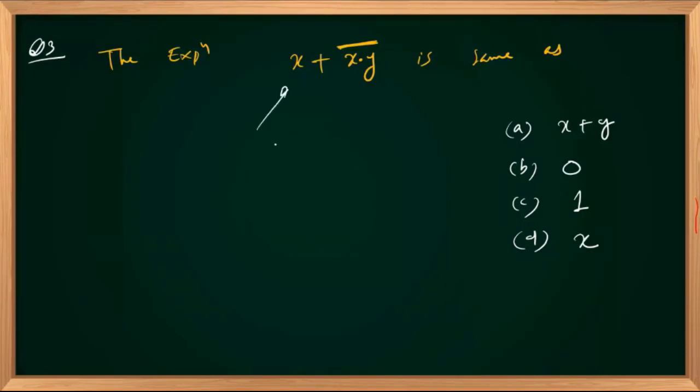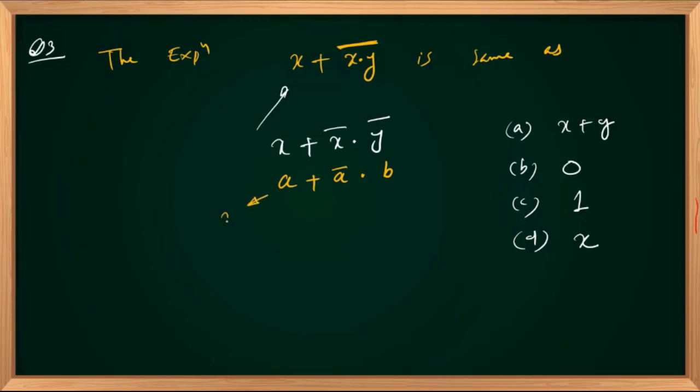So this is x. What is x dot y, the whole complement? X bar plus y bar. Then x plus x bar dot y bar is of the form A plus A bar dot B. What is A?